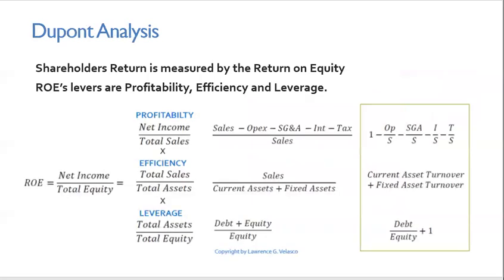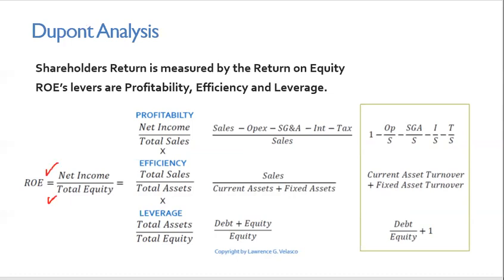A good framework for analysis is what's called the DuPont analysis. Okay? The DuPont analysis simply provides an organized explanation on the return on equity of a company. If you look at this, return on equity is net income over total equity.